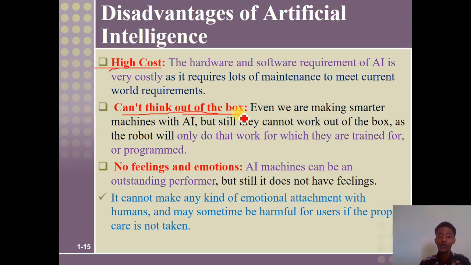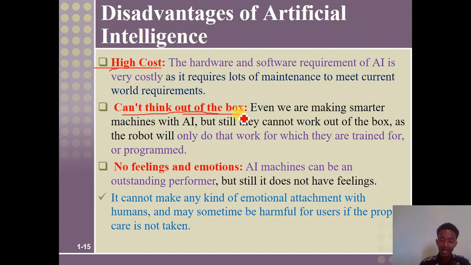The other one is no feeling and emotions. If you hit an artificial intelligence device, it cannot detect such emotions, and it cannot be angry. It cannot understand, or train itself from the environment. It has no feeling and emotion.